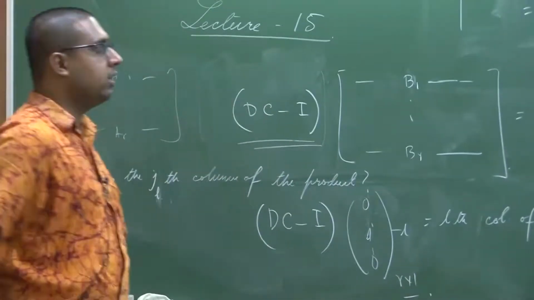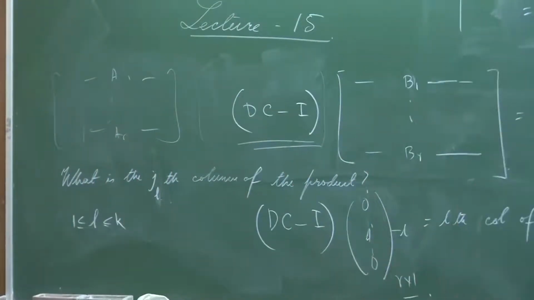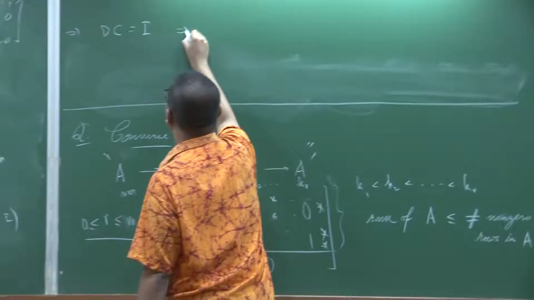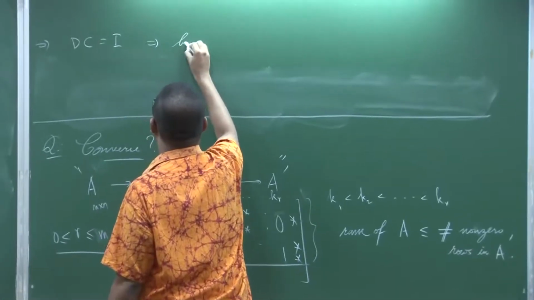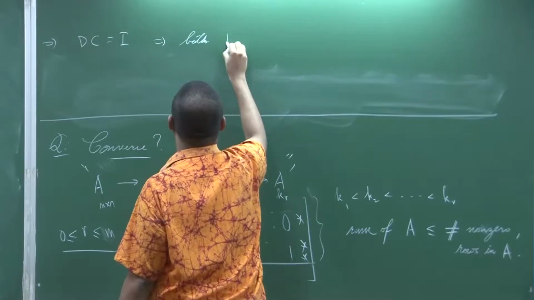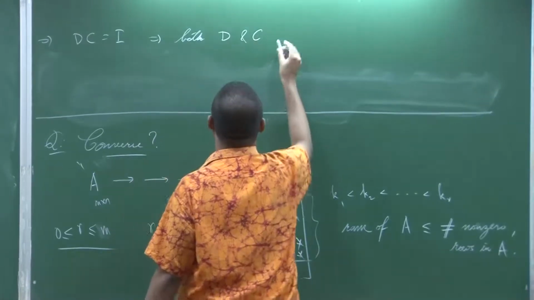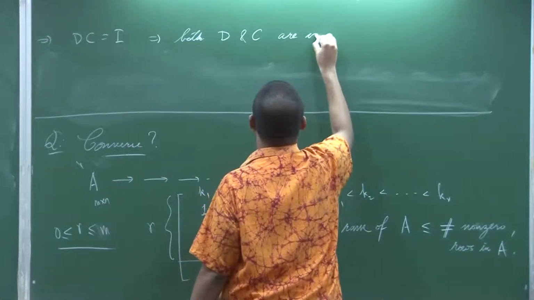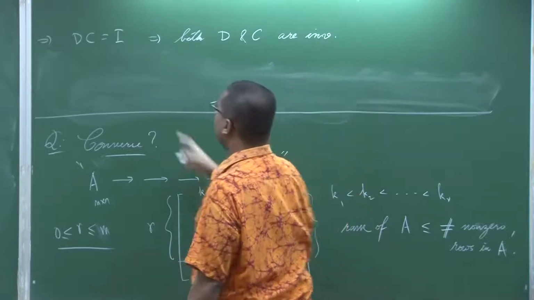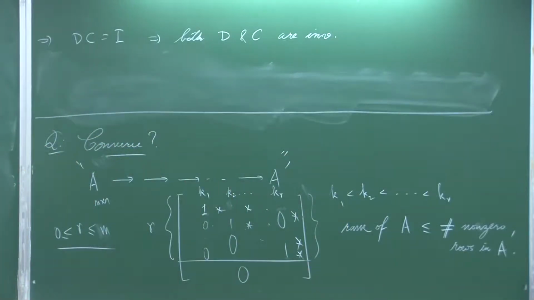So, D and C are square matrices of order R. So, DC equal to identity shows that both D and C are invertible, because already we have proved that having a one sided inverse implies that the matrix is invertible.